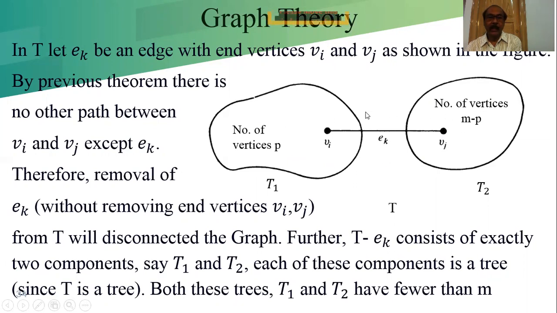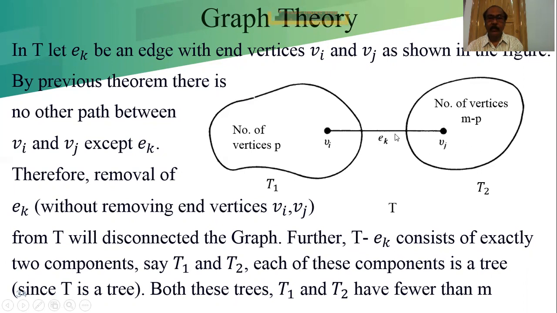Total vertices is m, and this part consists of p vertices, so this part consists of m minus p vertices. So T minus Ek consists of exactly two components T1 and T2. Each of these components is a tree. This is a connected tree, and this is a connected tree.